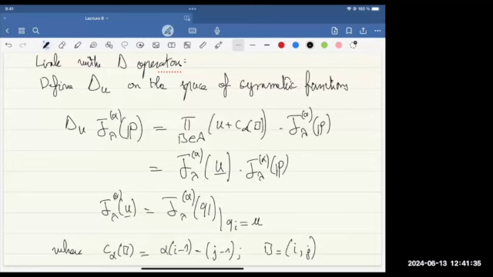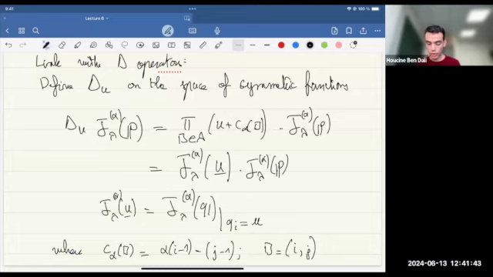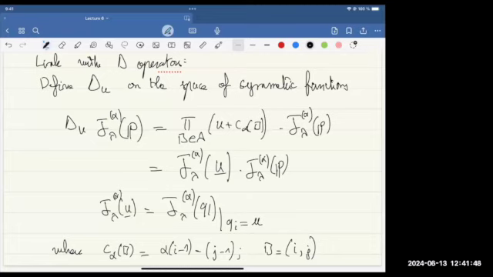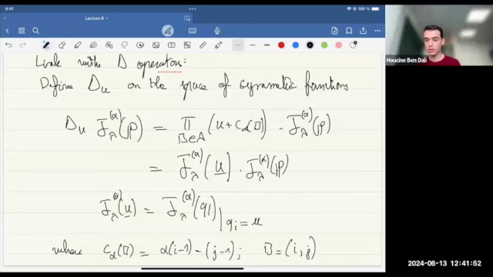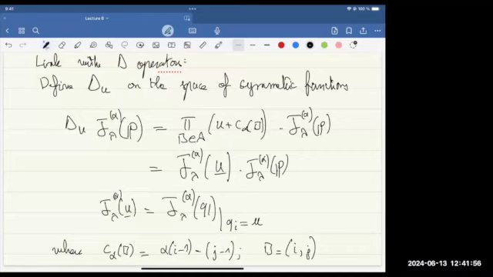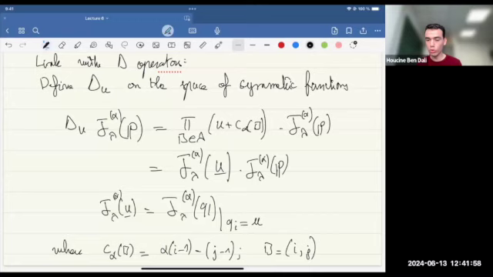I see. So if alpha is equal to 1, we get the classical content of a partition. Exactly. So this is, I think, the hook content formula.